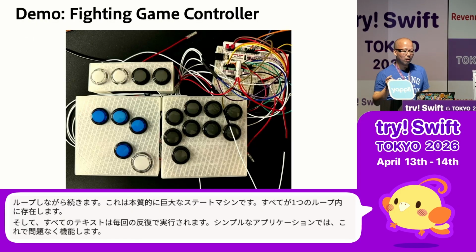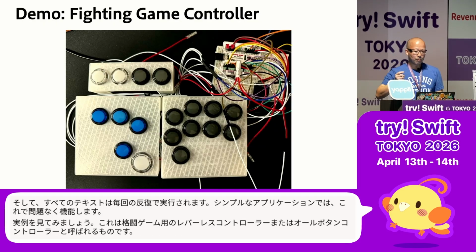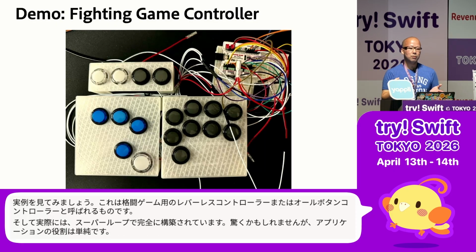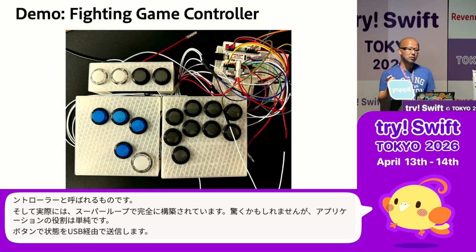This is what's called the leverless or all-button controller for fighting games, and it's actually built entirely with the super loop. That might be surprising, but the application's job is simple enough. Read the buttons, send the states over USB. Every task completes instantly since it's just reading and writing registers.